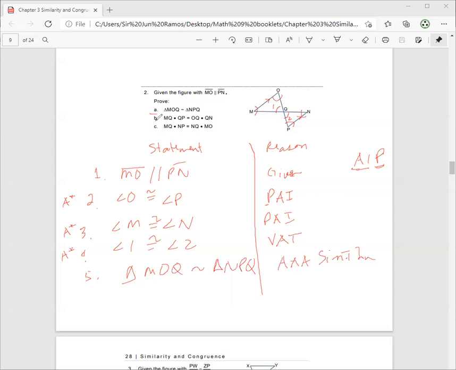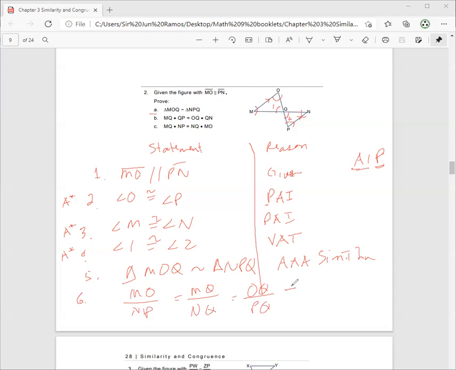Now, letter B and letter C are actually the offshoots of this. If I have the proportional sides, MO over NP, and also MQ over NQ, and then OQ over PQ.